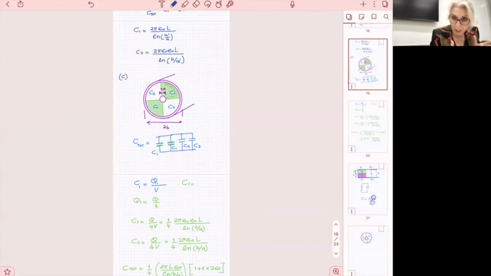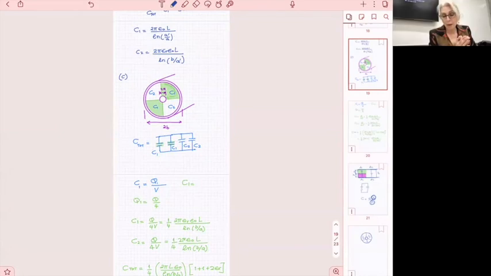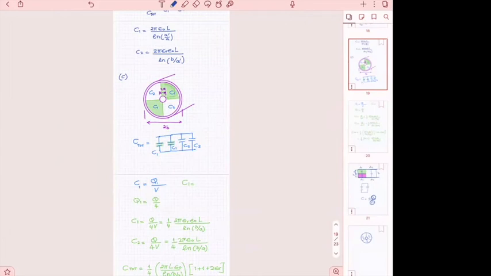See how I'm calculating C2? C2 would be 1/4 of a coaxial, as if the whole thing was filled with air. C1 will be 1/4 of a coaxial, as if the whole thing was filled by epsilon. Okay. That's how you get it.